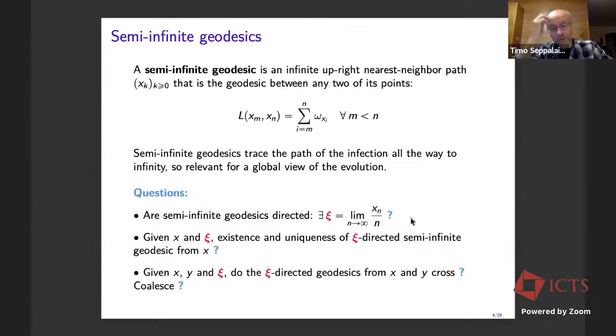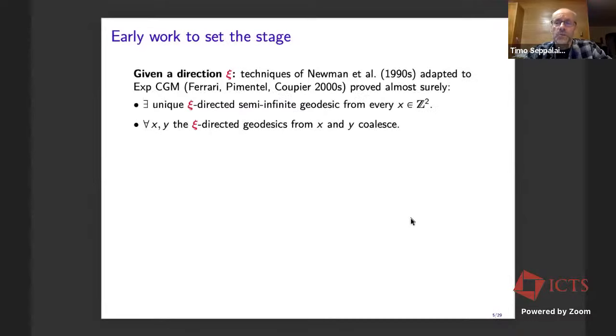These questions no doubt were posed already early on in the subject of first and last passage percolation, but serious work on them really began in the 90s. Chuck Newman and several of his students wrote papers in the 90s about planar first passage percolation and found the first answers to these questions.